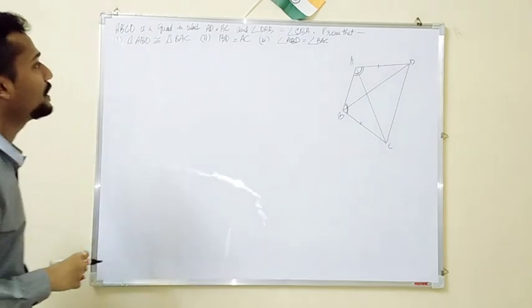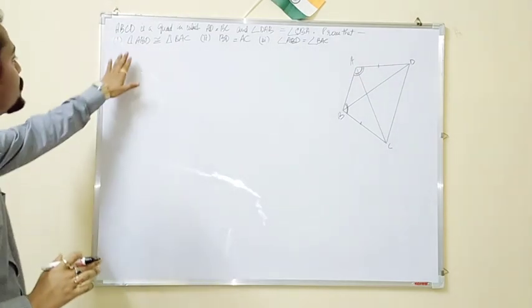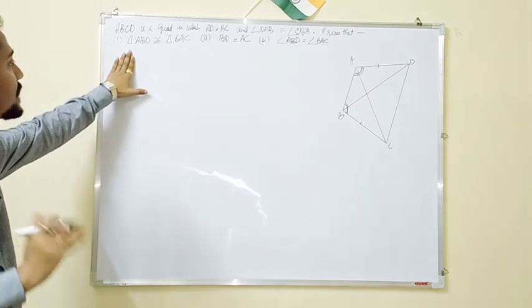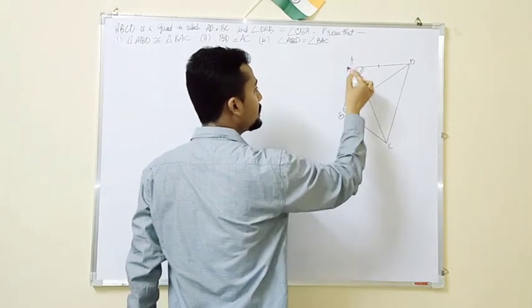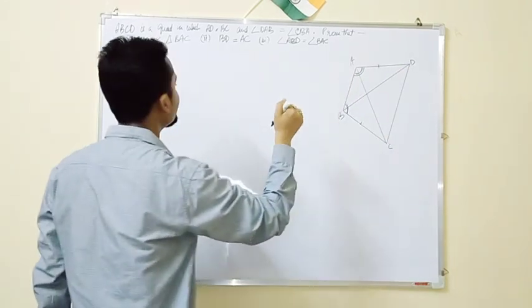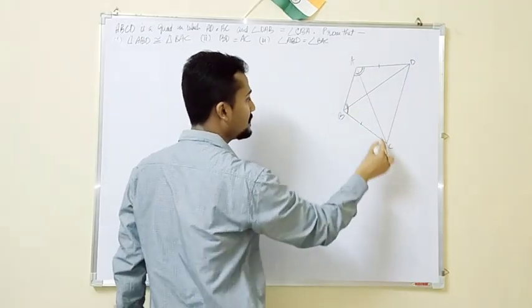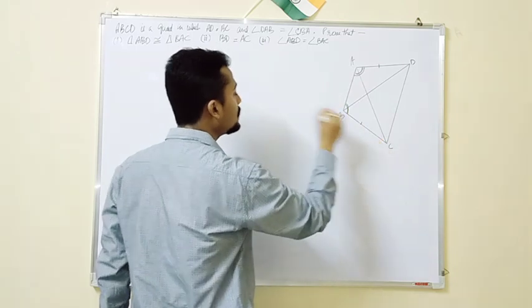Both are given. Prove that triangle ABD and triangle BAC are congruent.